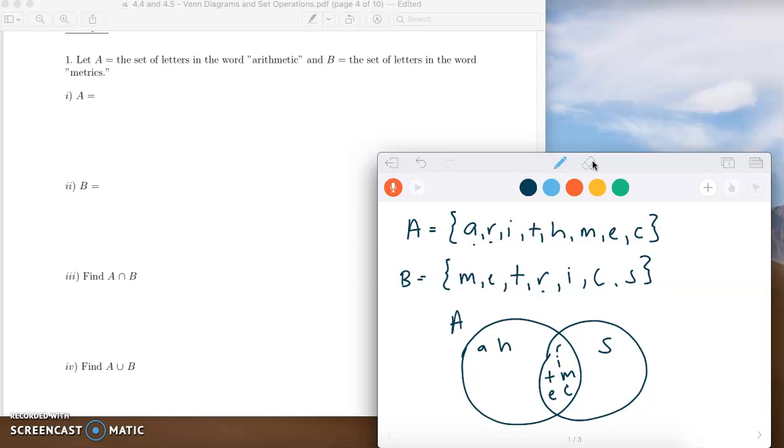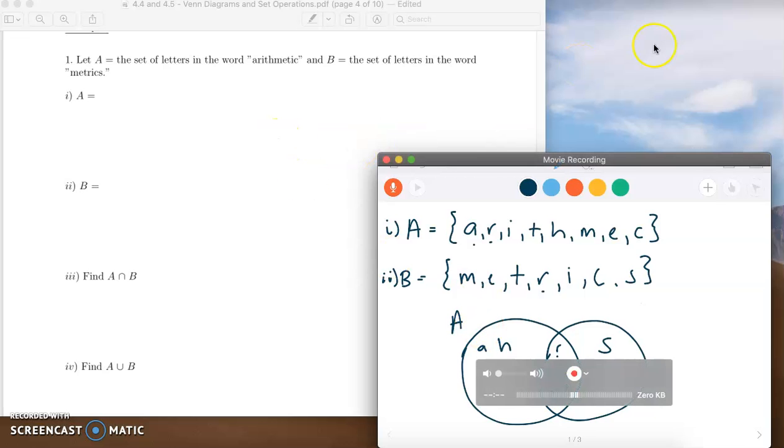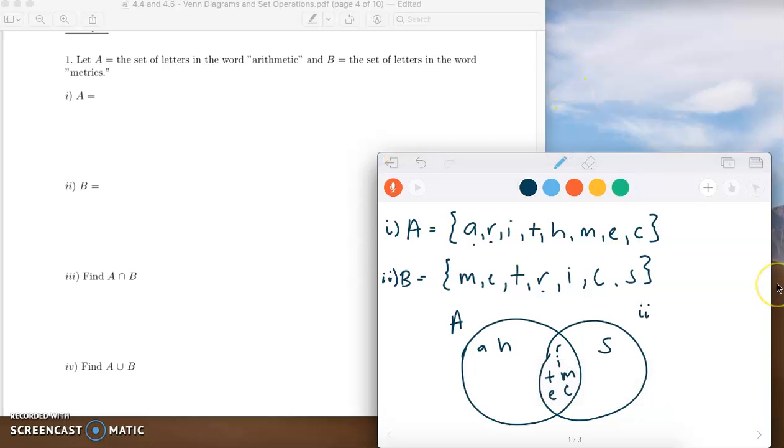Okay. So then when we're looking at our part I here, we have A equals, well, we already defined that. So there's our A right here. That's part I. Part II right there, that's the B. So now let's go ahead and find A intersect B. That's the part in the middle where they intersect.